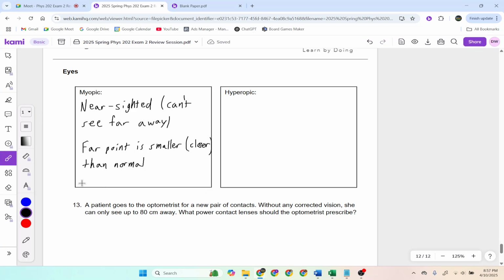And then the last thing, this requires a lens with negative refractive power. And that's going to be a diverging lens.